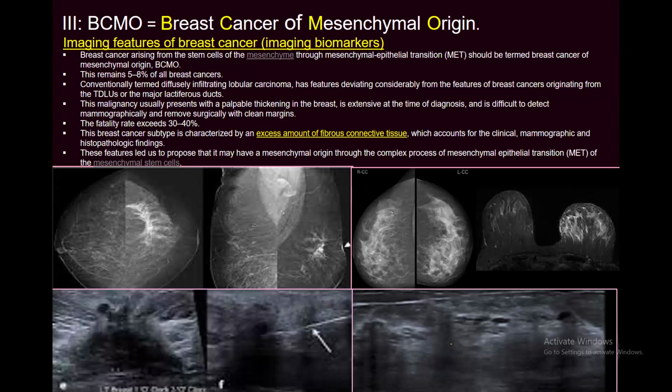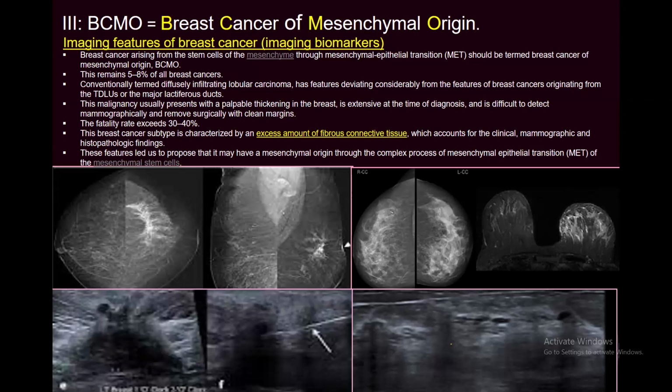Usually it presents as a palpable thickening of the breast, and it is extensive at the time of diagnosis, difficult to detect clinically or mammographically. The fatality rate exceeds 30 to 40%, so the prognosis is also poor as with DAB, not as good as AAB.